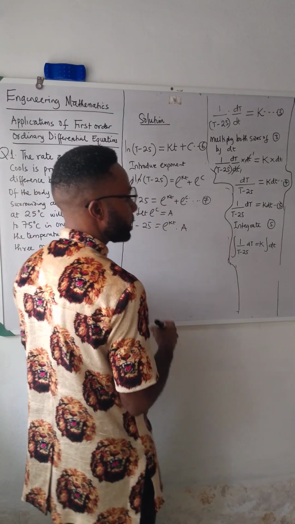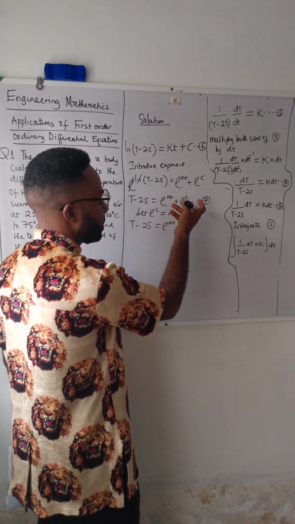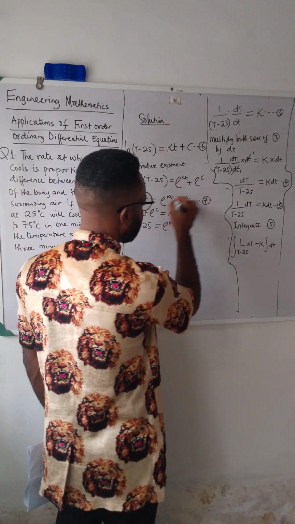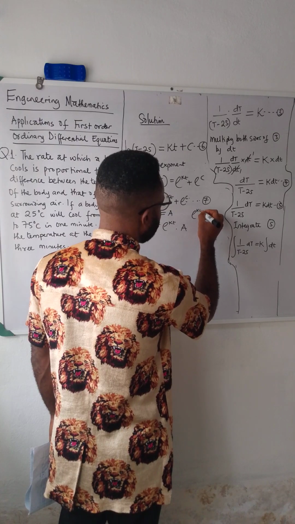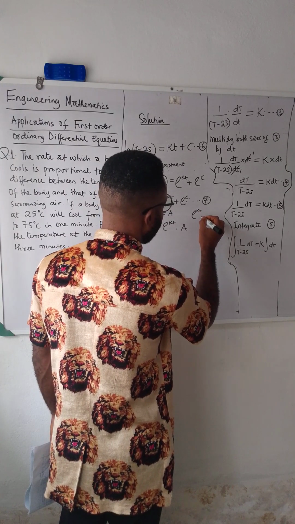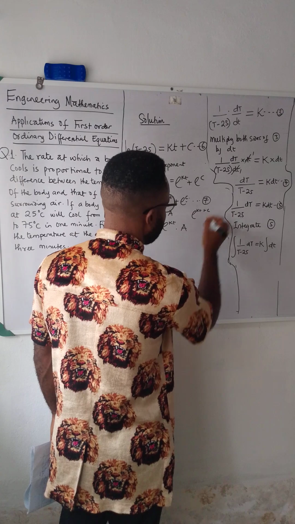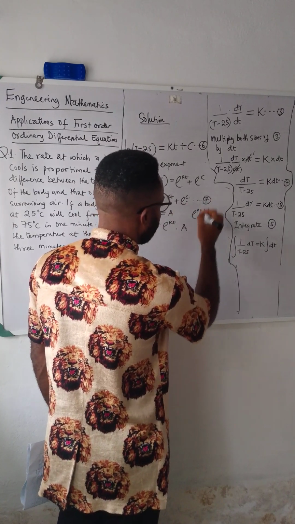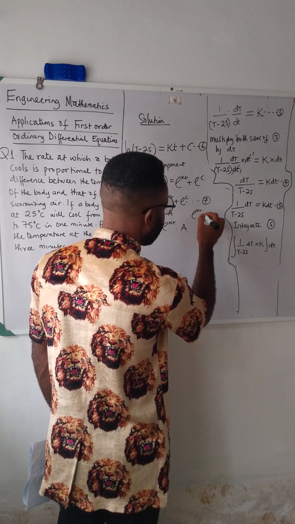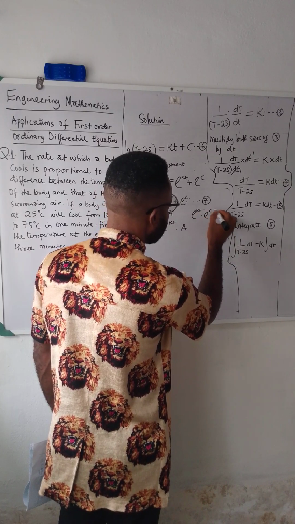This is multiplication, because exponent kt plus c is the same thing as exponent kt times exponent c.